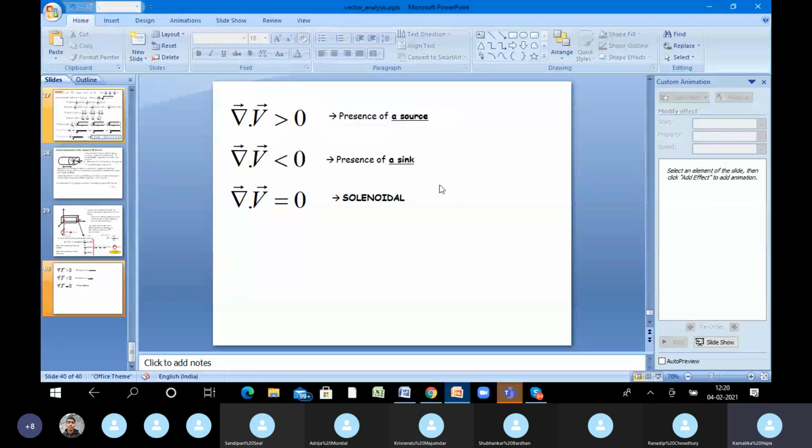If a current flows through a coil like that, we know that there is a magnetic field, right? So the best example of a solenoidal vector is a magnetic field.